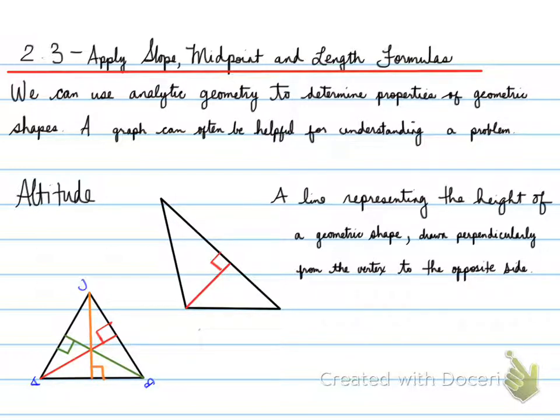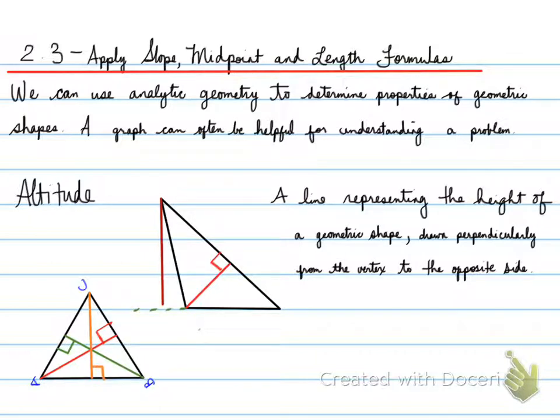How we're going to do that is extend the side just like this. So extending that bottom so that from the vertex, that would be this point, we're going to go straight down to make a vertical line that is perpendicular to the horizontal base.